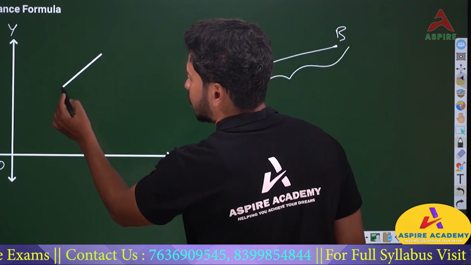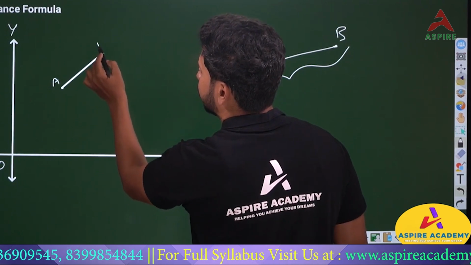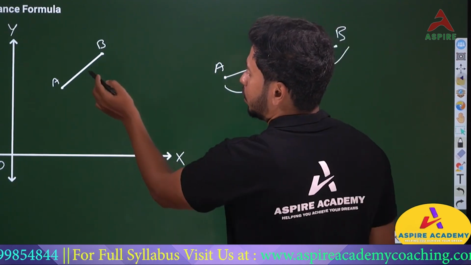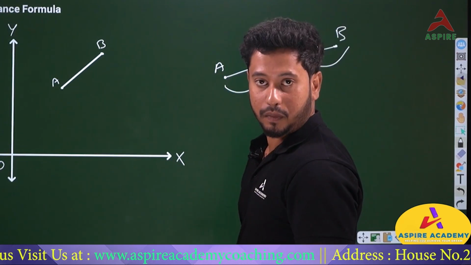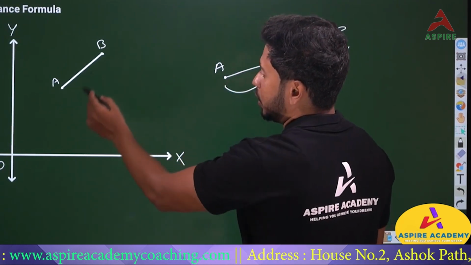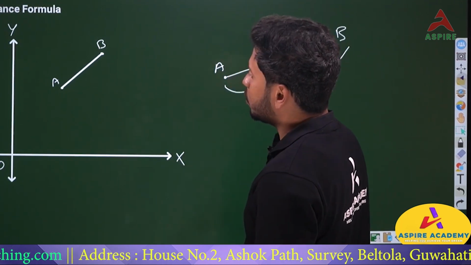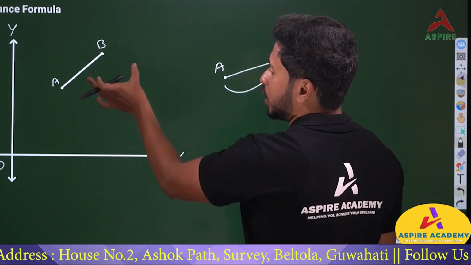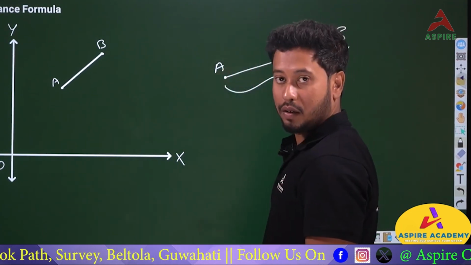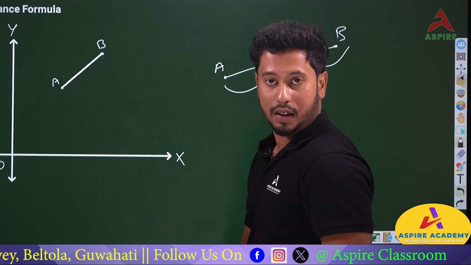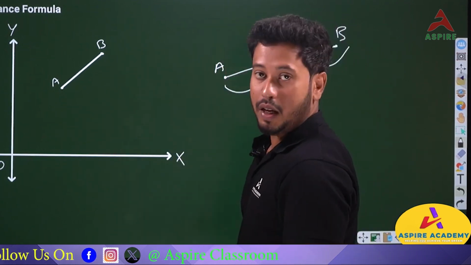Suppose this is a point A and this is a point B, and I have joined both points A and B, so I got a line segment AB. Now we can measure the length of this AB. Now we derive the formula for how we can measure the length of AB, or the distance between A and B.